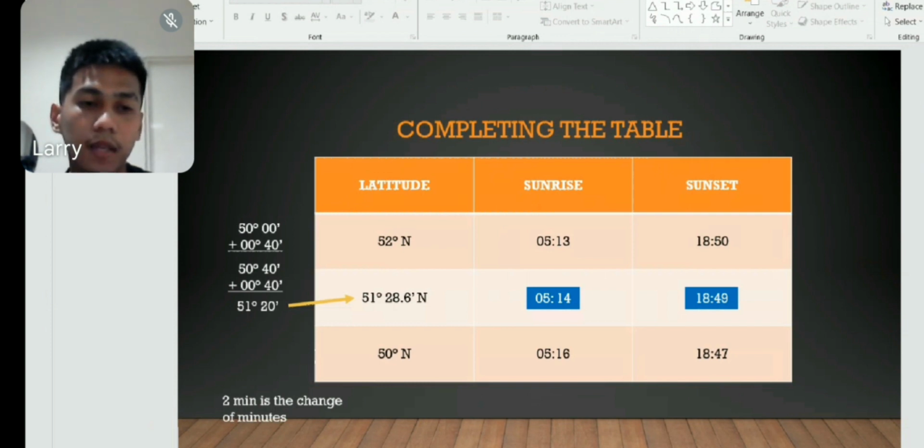So that means that 2 minutes is the change of minutes. In completing the table, the sunrise is 5:14 a.m. and the sunset is 4:49 p.m.